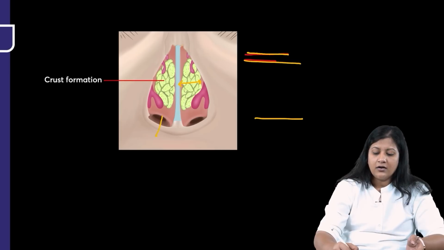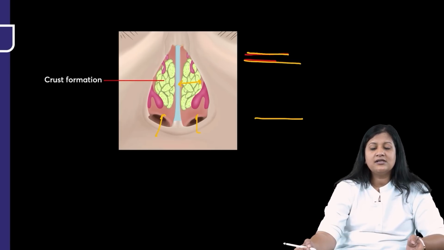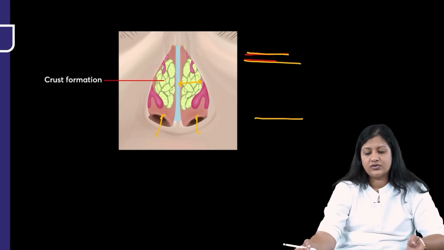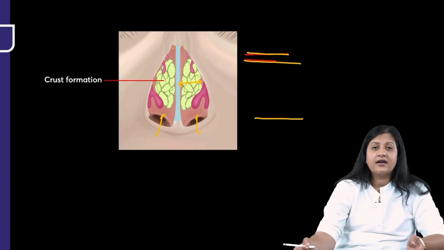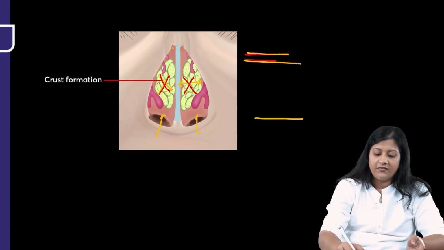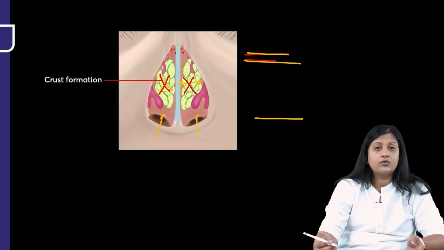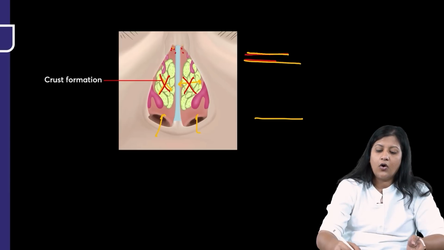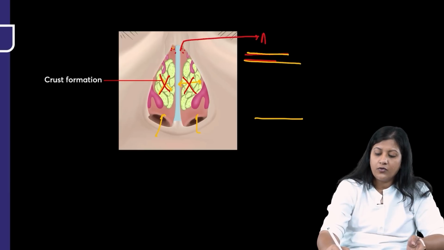Now when the air current goes through these wide nasal chambers, there is crusting inside the nose. Would this crusting allow the air current to reach the olfactory cleft? No. Would this crusting allow the air to go to the olfactory area at the roof of the nose? No. Second, there is also atrophy of the olfactory fibers.